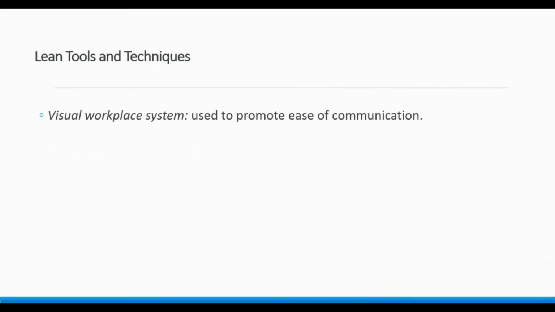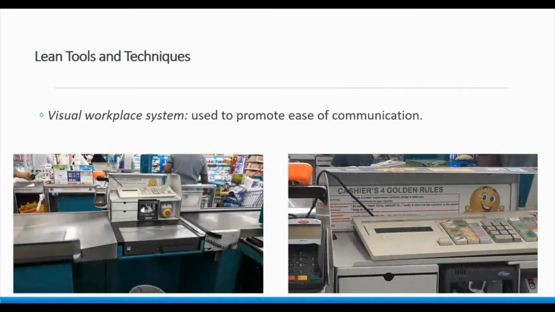Our second tool is the visual workplace system, and this is just to promote ease of communication between employees and management. And this is an example I have here from one of our retail stores.